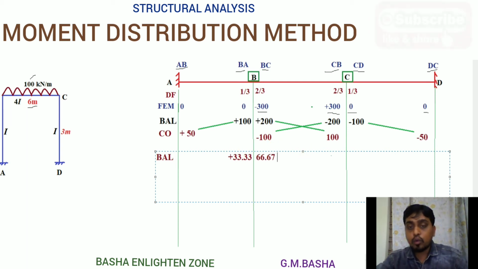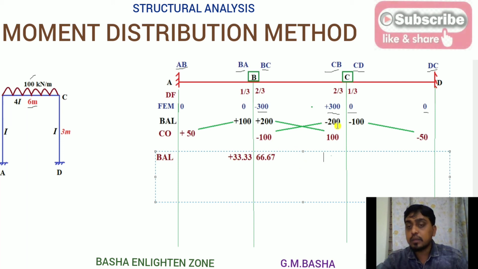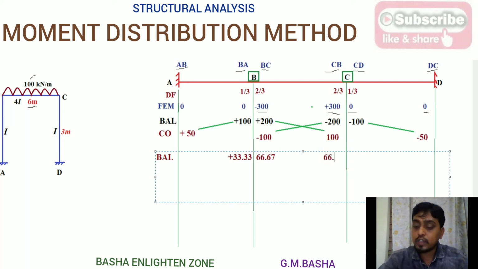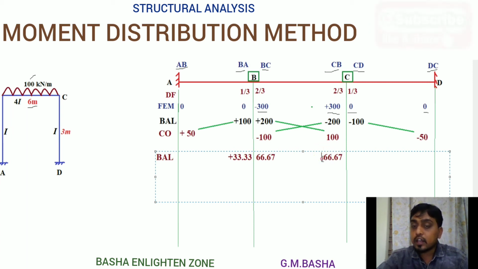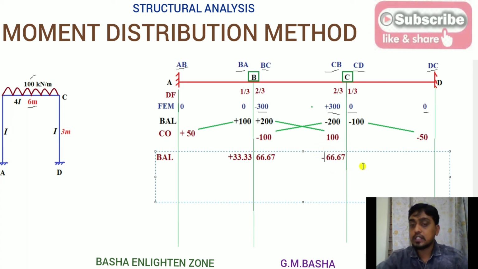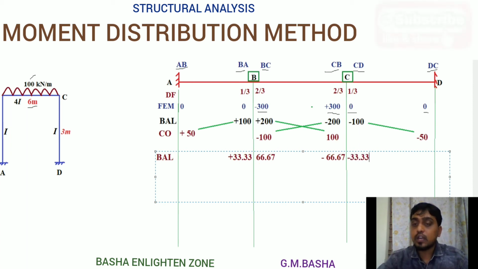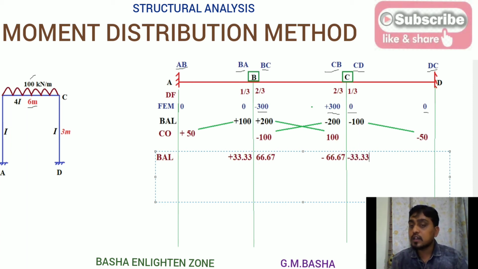Again I am going for the balancing for the next step, which is 100 plus 0 into 2 by 3. In the same way you will get 66.67 here, but here there will be a positive sign, you will get a negative value in the balancing step. Similarly 100 plus 0 into 1 by 3, the same value you will get, which is minus 33.33. Here you will get a positive value. I am changing the sign of that value and taking it here.